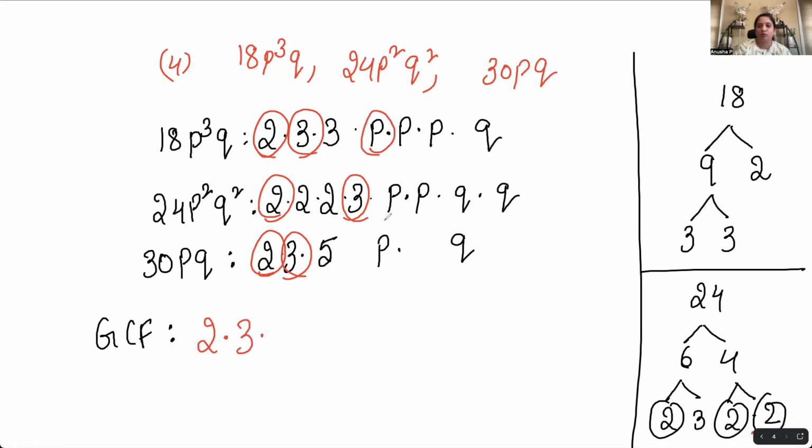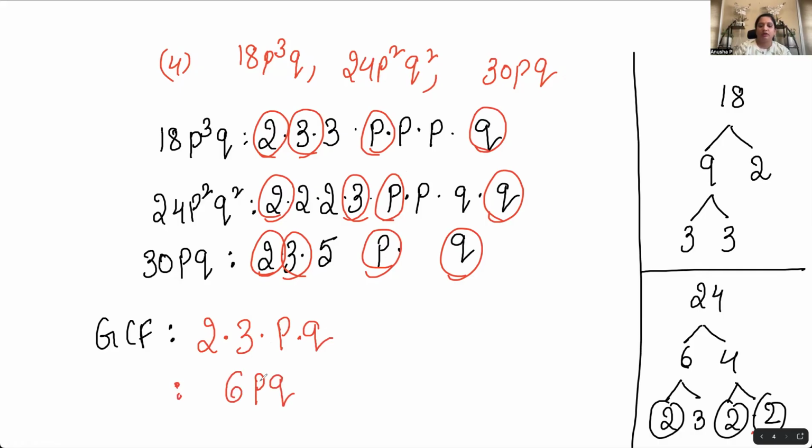And we have 1p and 1q. So 2 times 3 is 6pq. The greatest common factor of all these three monomials is 6pq.